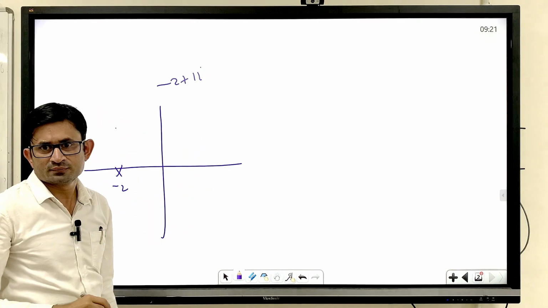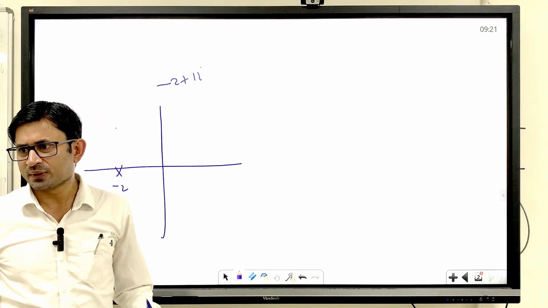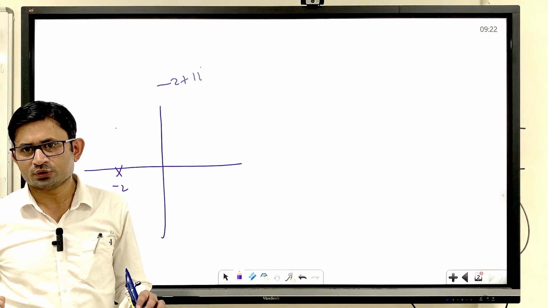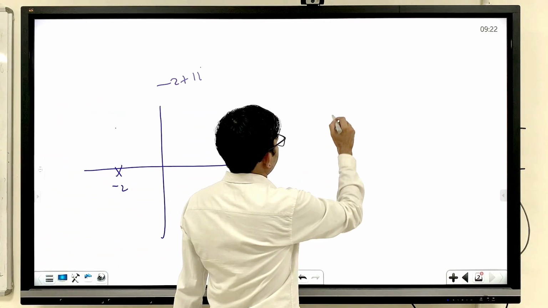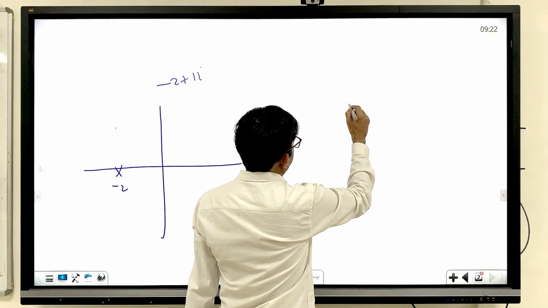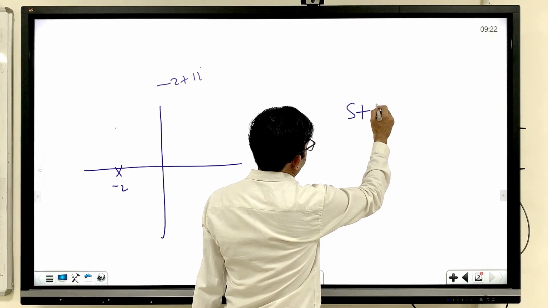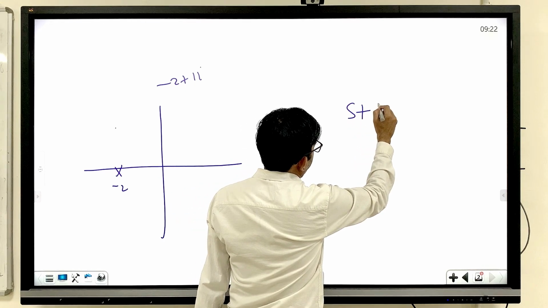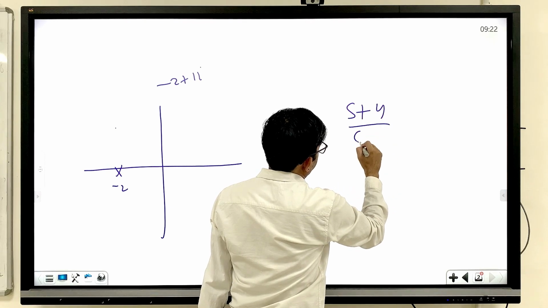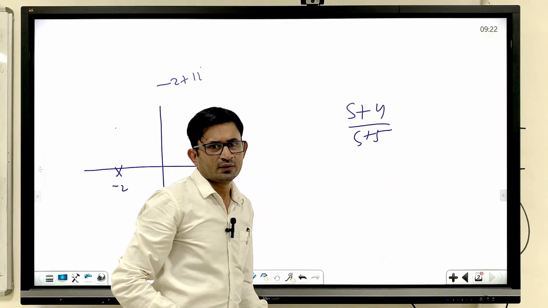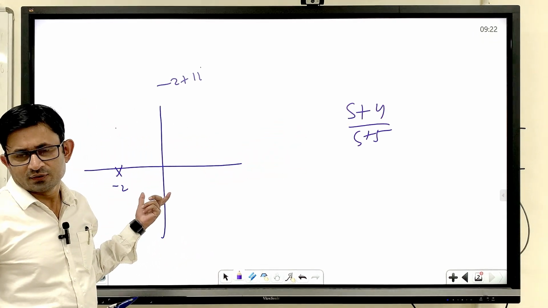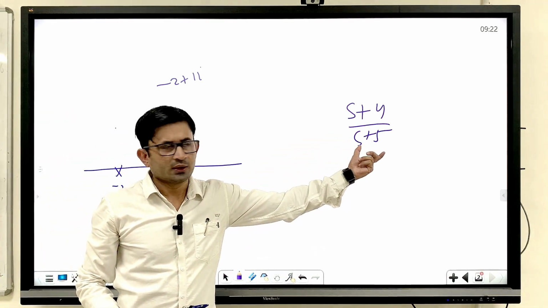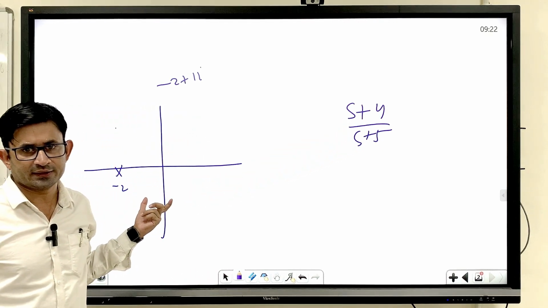Any complex root you can locate on the complex plane. Now let's say this is some kind of transfer function, s plus 4 divided by s plus 5. Now you can locate 4 and 5 here, right? 5 is a pole and 4 is a zero.